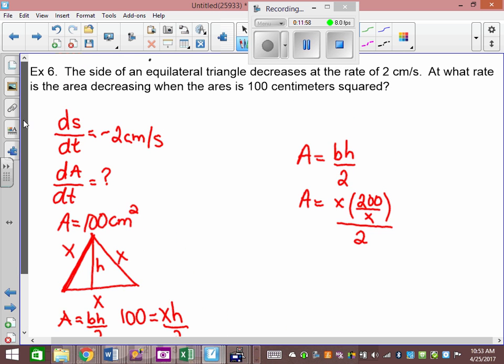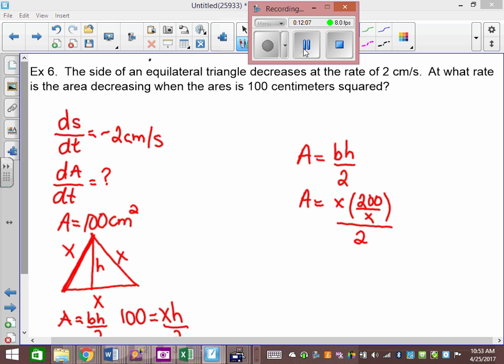Why did the x's cancel? No, the x shouldn't cancel.